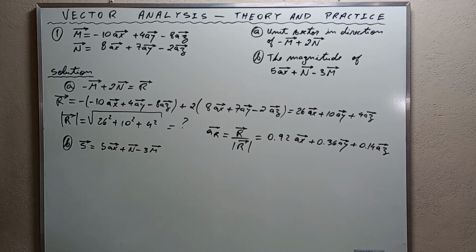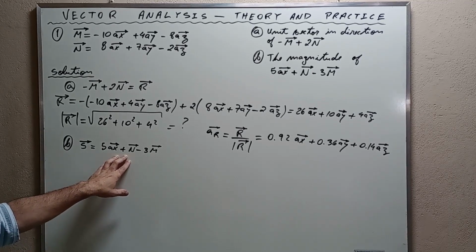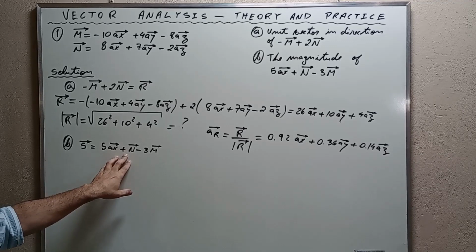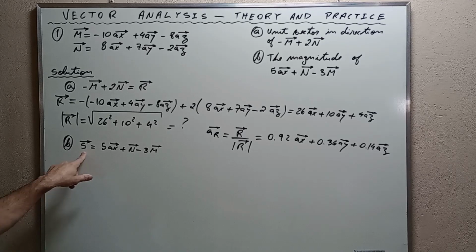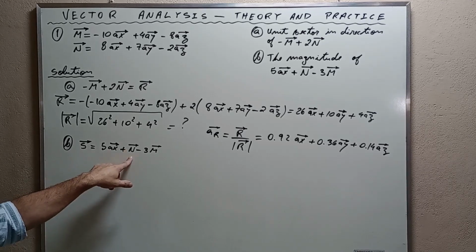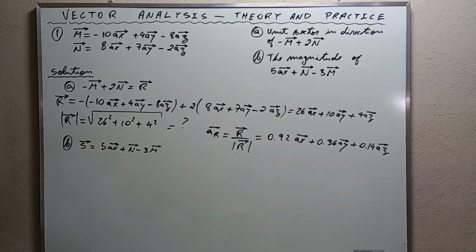How do we calculate the magnitude? Simply, we have to firstly carry out this operation, and secondly, find the magnitude of what we find. Alright? Let's do it. Let's find S.